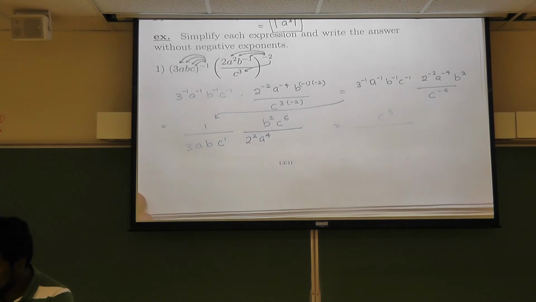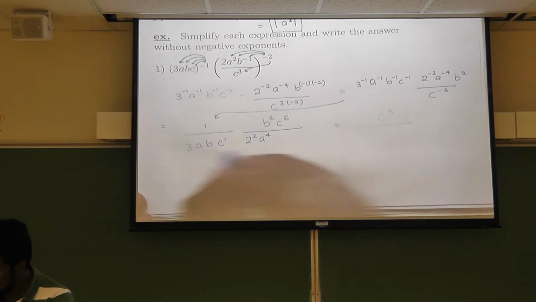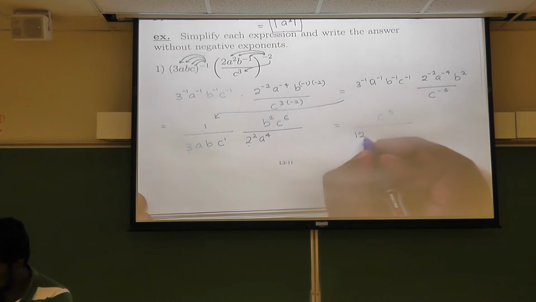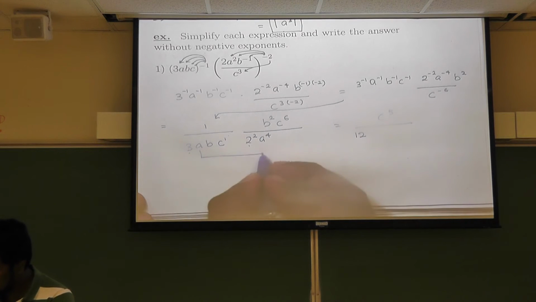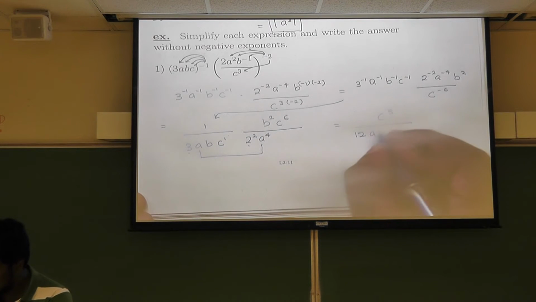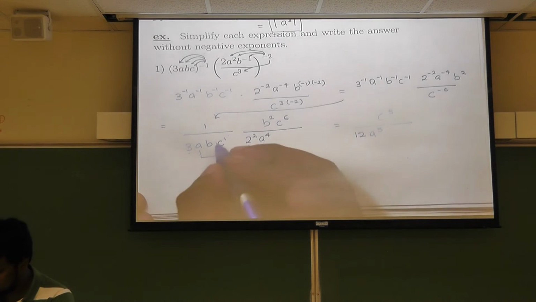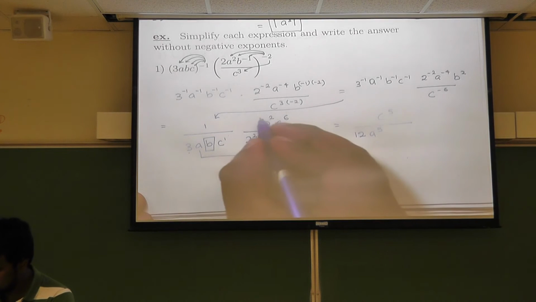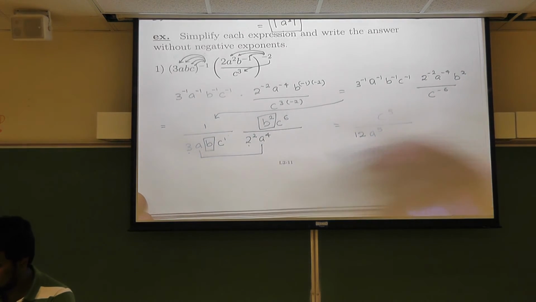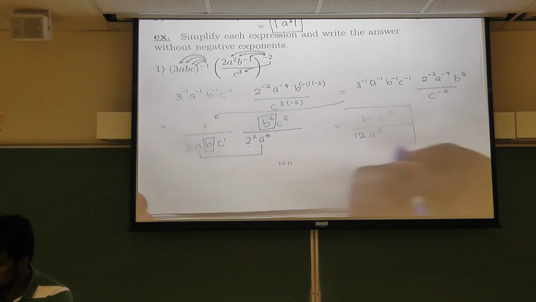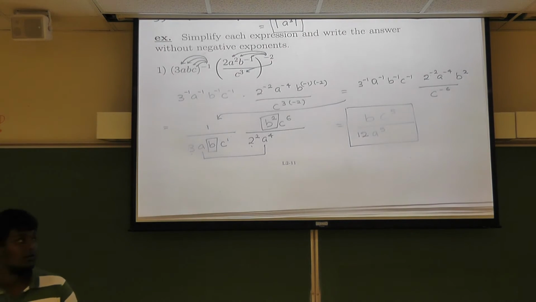Then you have 3 times 2 squared, that is 12. And these two a's combine and become a to the 5. Lastly, this b and this b squared, you can cancel off one b, so you get b c to the 5 over 12 a to the 5.